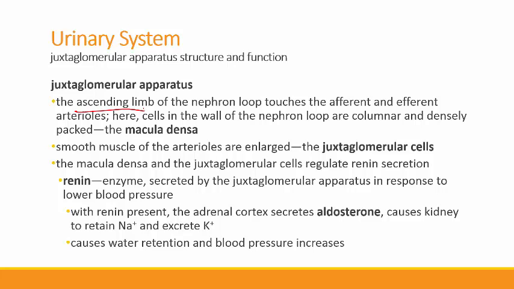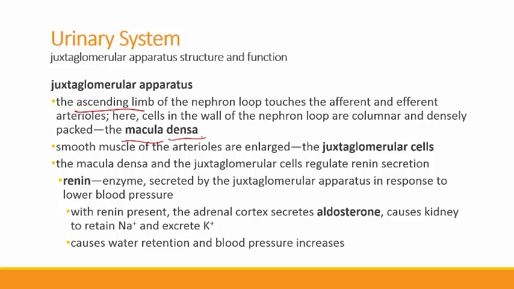So we have this region where as the urine is passing through the ascending limb, it comes near to where the afferent and efferent arterioles are coming into the renal corpuscle. That is referred to as the juxtaglomerular apparatus. And here, at the nephron loop, the cells are really densely packed together, referred to as the macula densa. So the macula densa is this region of the juxtaglomerular apparatus that is part of the nephron loop.